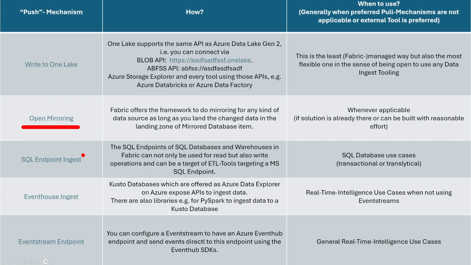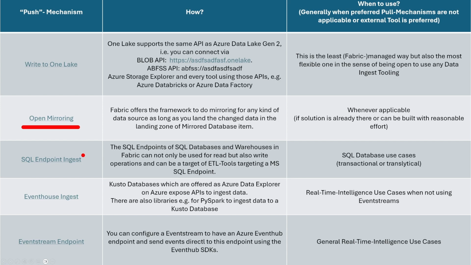What does this mean? When you start doing open mirroring, you create a so-called mirrored database item in Fabric. It comes with a specific landing zone, and it's your responsibility to land the increments of the data, the deltas, in this landing zone.